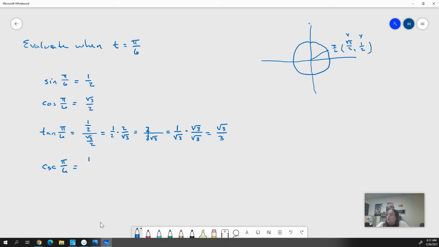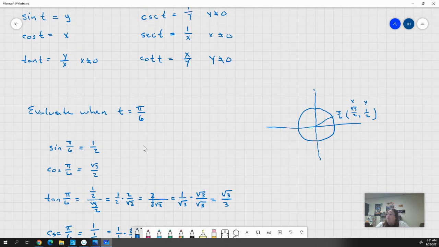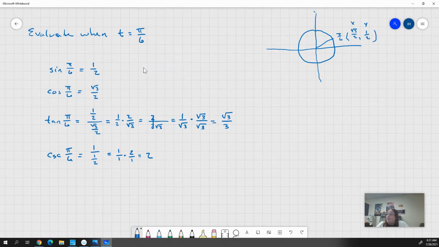Well, that's just 1 over 1/2. Can't leave it like that. So we're going to multiply 1 over 1 times 2 over 1, which is just 2. What's next? We have secant of pi over 6. Well, that's just 1 over x.